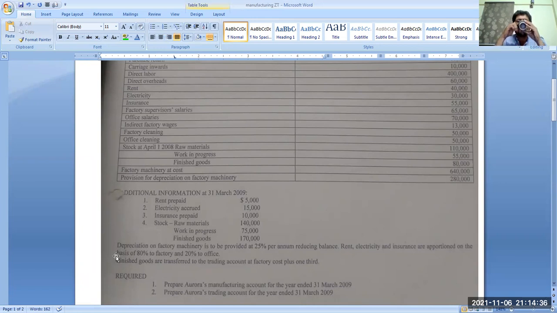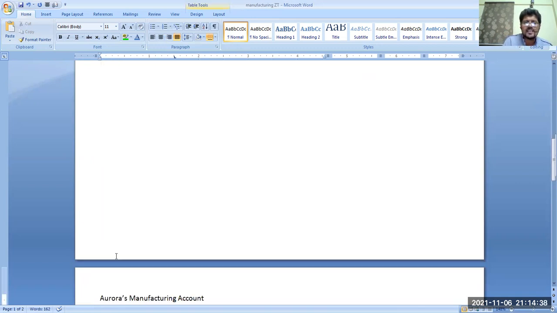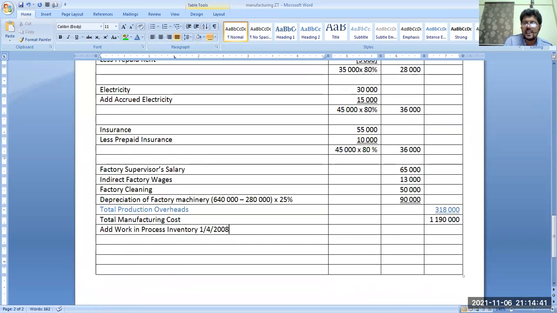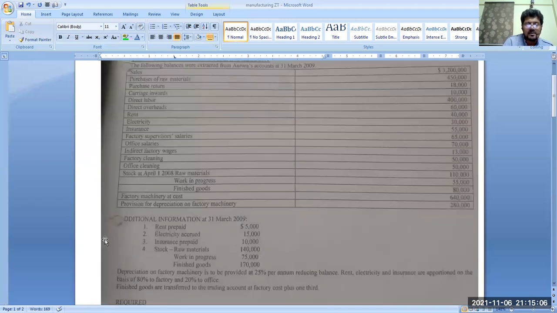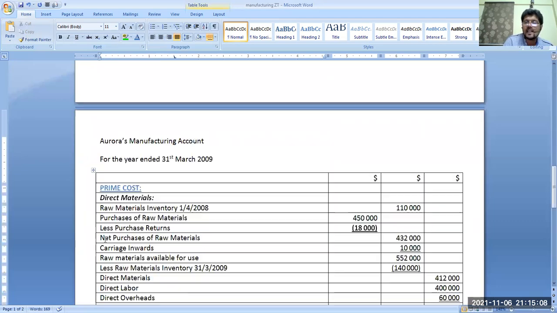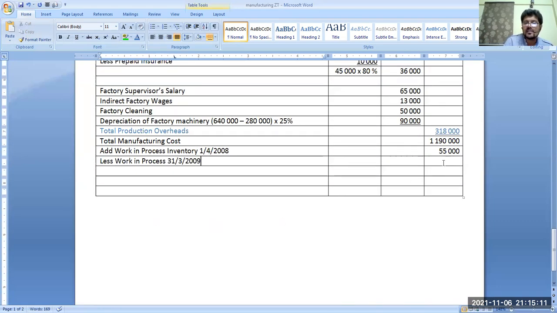It is given in the trial balance. So we have to add that 55,000. And we have to less work in process when 31st March 2009, when we are making this statement, the ending work in process is how much? 75,000. We have to deduct that.